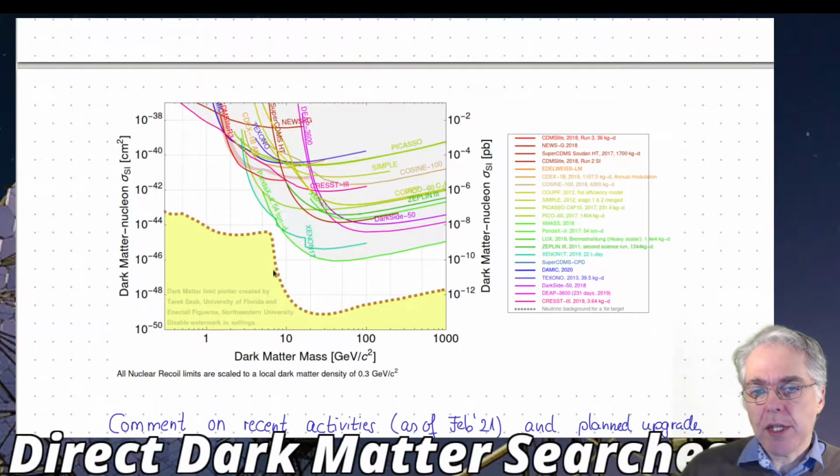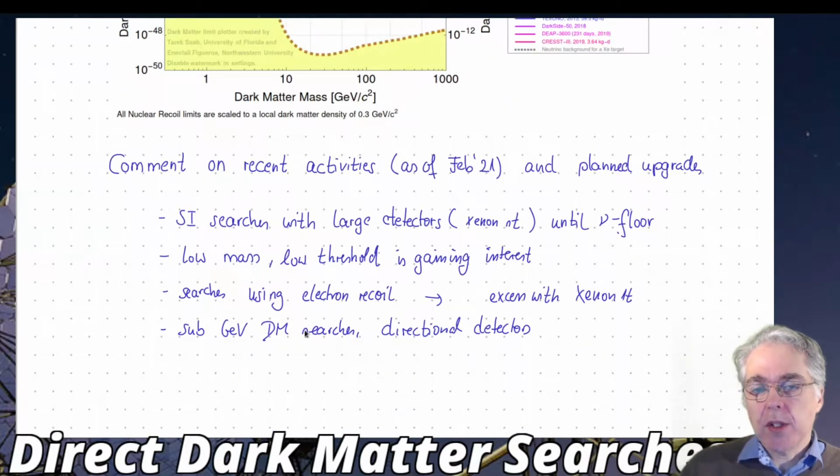And you see that this is getting now to a value which is rather close to this solar neutrino background, and ultimately down here 10 to the minus 49 or so, you get down to the value of the diffuse supernova background.